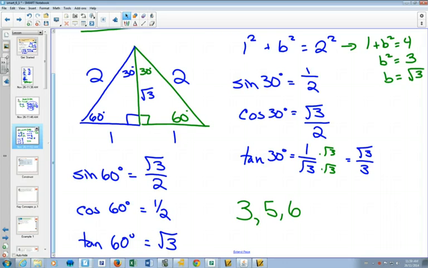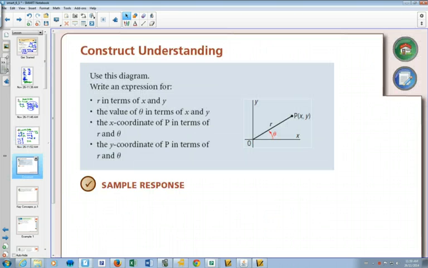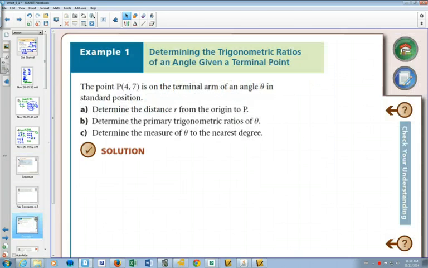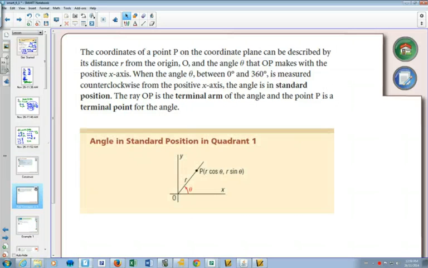One neat thing that comes out as a result of this is that if you have any point, here we go. This is at the bottom of page 427.